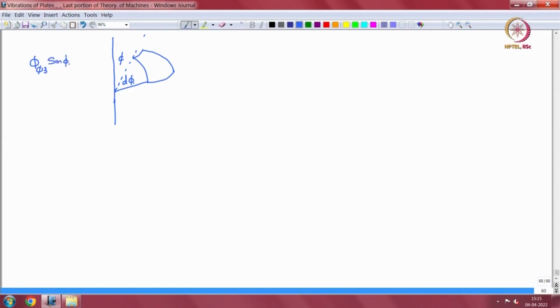Okay. So now how does it work out? q phi 3 on the phi face in the 3 direction works like this. It has this direction on the negative side and this way on the positive side. Q phi 3, and Q phi 3 plus del Q phi 3 by del phi d phi.